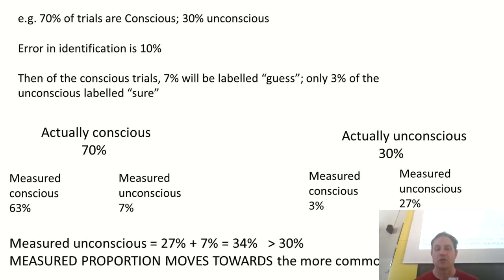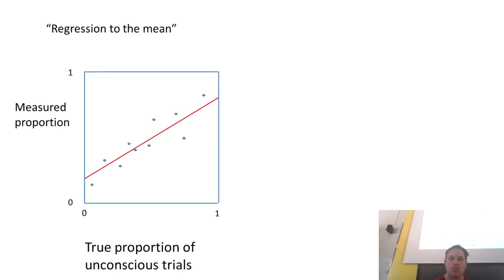So that proportion, the 30% that is actually unconscious, is moved towards, in our measurement, a higher number, because there are more conscious trials. So it moves towards the number which there are more of. So this is regression to the mean.